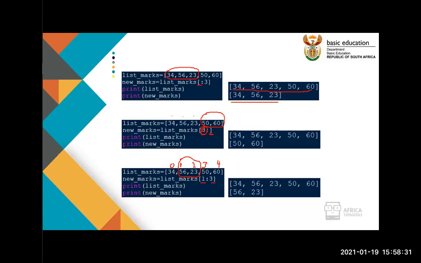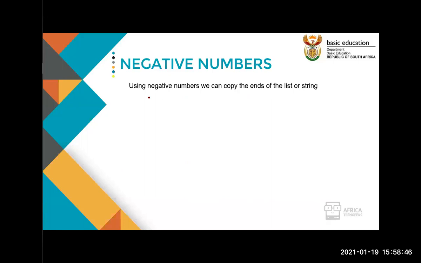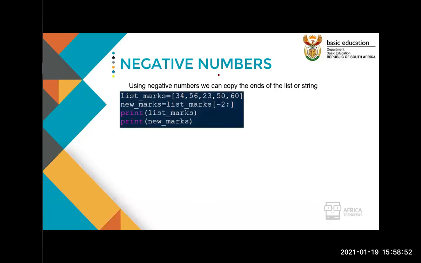So the next thing is we learned that in positions, we don't only work with positive numbers, we can also use negative numbers. So what happens if we start using negative numbers in these positions? And the answer is we can. When using negative numbers, we can copy the ends of the list instead of just the beginning. And we do this by saying list marks, just like before, but if I say -2 here, and I don't tell it when to stop.